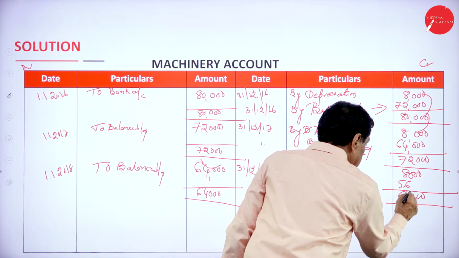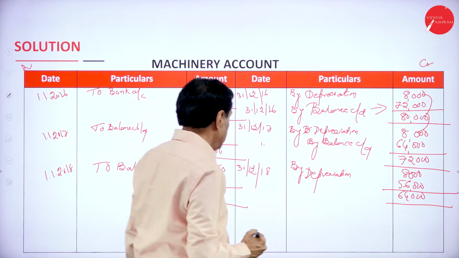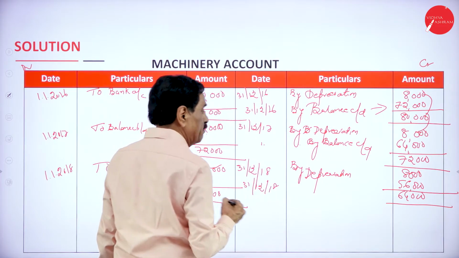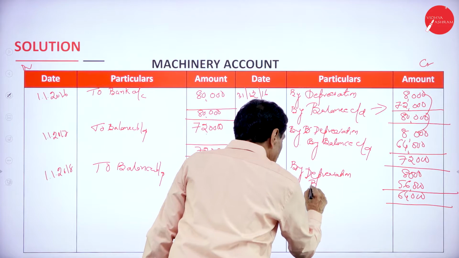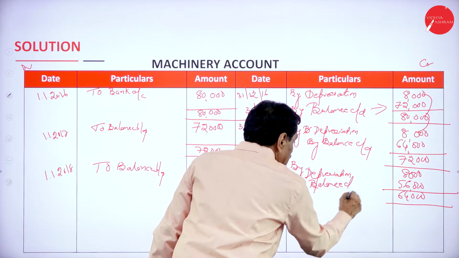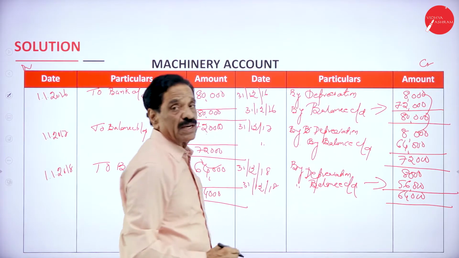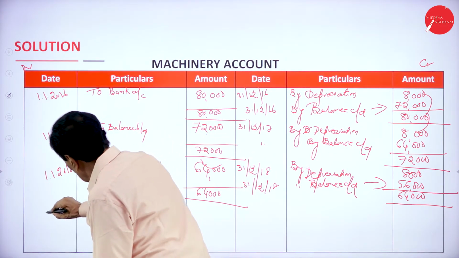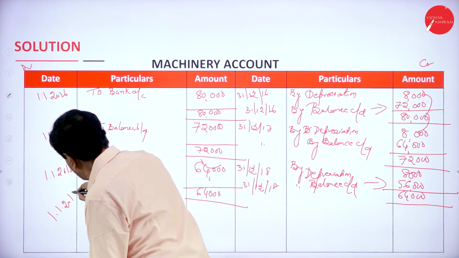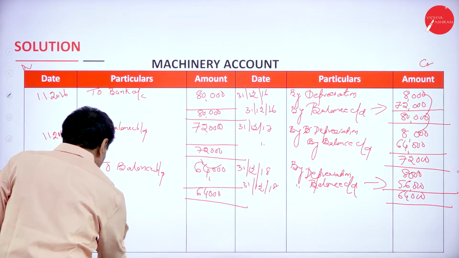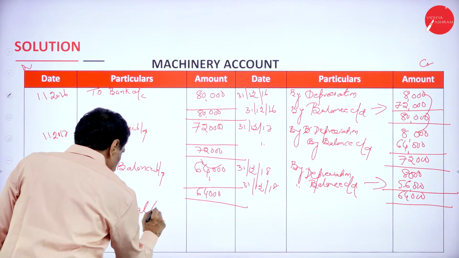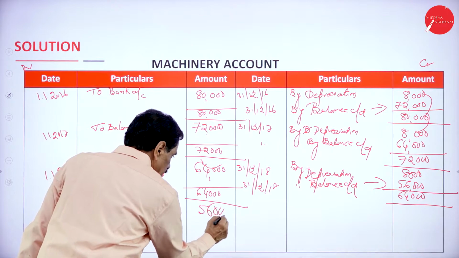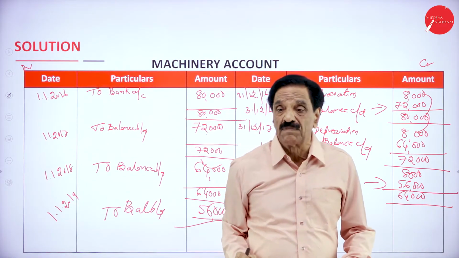It is 56,000. End of the year, 31st December 2018, by balance carried down 56,000. Next year brought down will be 1/1/2019, to balance brought down 56,000.